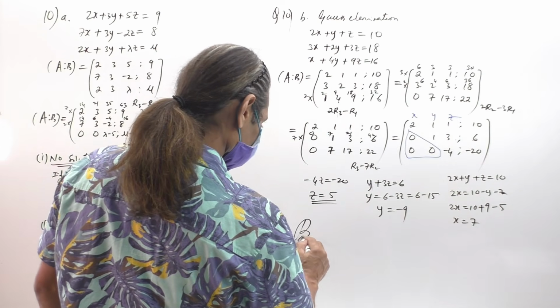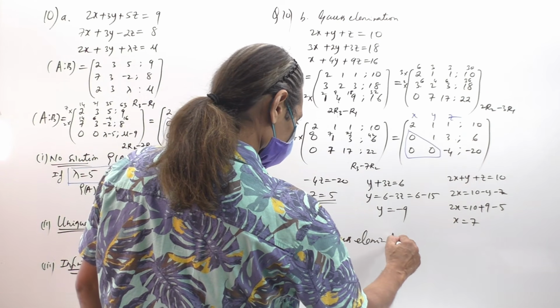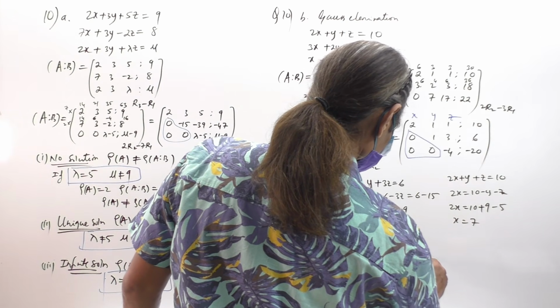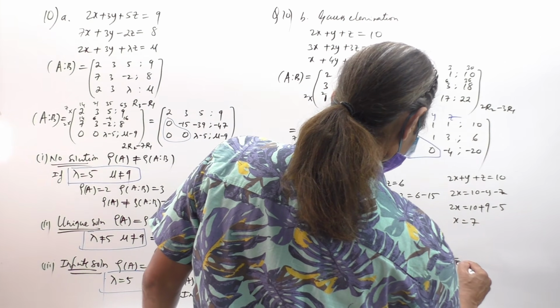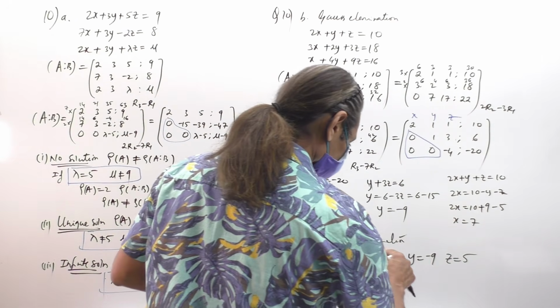So by Gauss elimination we can write x is equal to 7, y is equal to minus 9, z is equal to 5. That's all. So that's the solution.